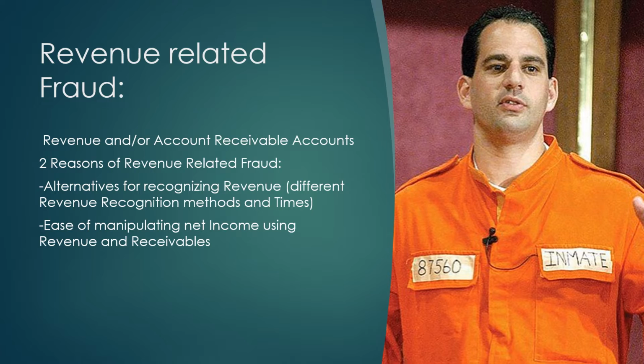And the second one is the ease of manipulating net income using revenue and receivables. As Barry Minkow stated, receivables are a wonderful thing. You can create a receivable and you have revenue. This means that income can be inflated and manipulated in different ways, by premature revenue recognition, improper cutoff, misstating the work completed, creating fictitious sales, and so on.